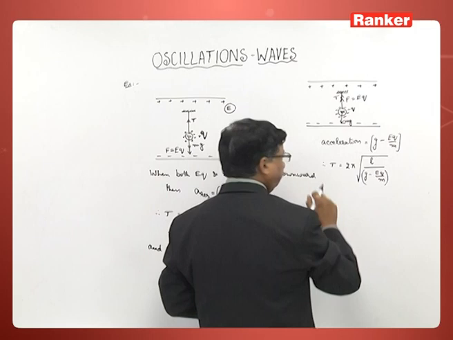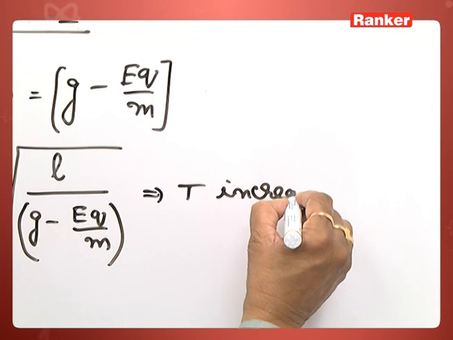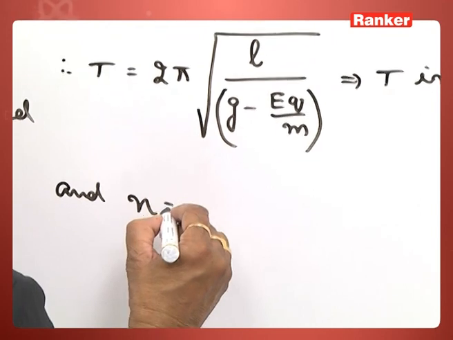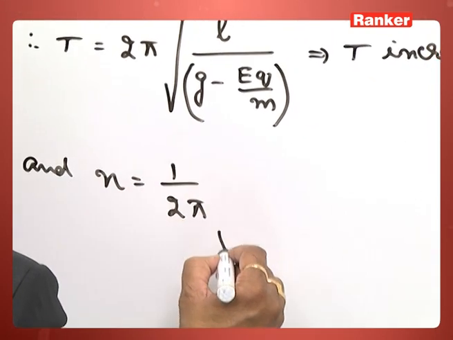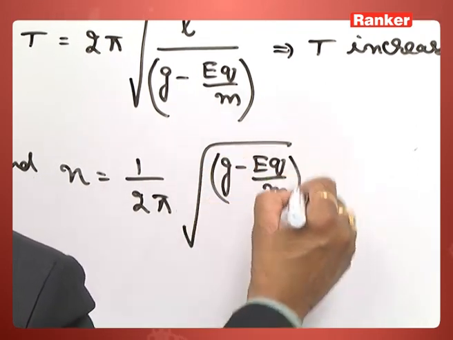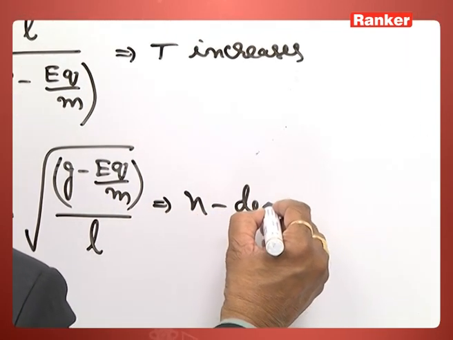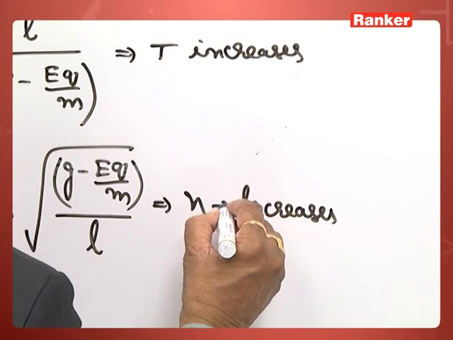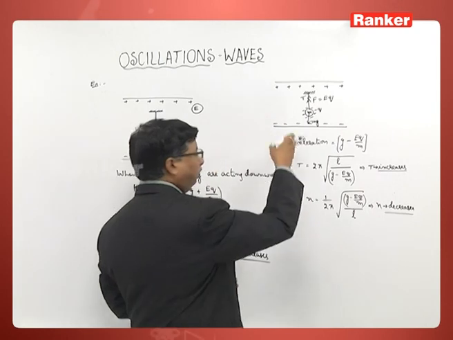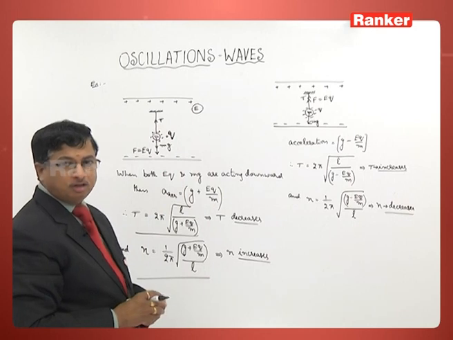This is the time period equation, wherefrom you can say that T increases because the denominator is decreasing here, and the frequency n now becomes 1 by 2 pi under root g minus EQ by m divided by L. So, what we can conclude here, frequency decreases, that is the concept we have to remember. Time period increases and frequency decreases. These two are the cases when the bob is given negative charge.